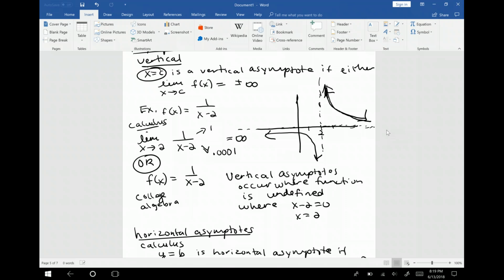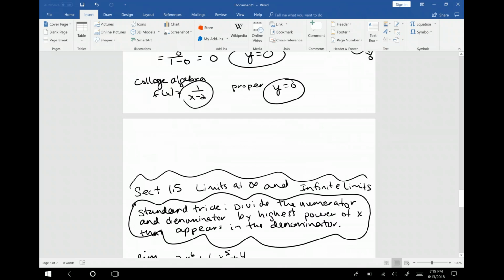It's not going to cross over those lines. It's just going to approach it and get close to it, but it's not going to cross that vertical asymptote at all. So think about it as defining the boundaries of the function. Exactly.